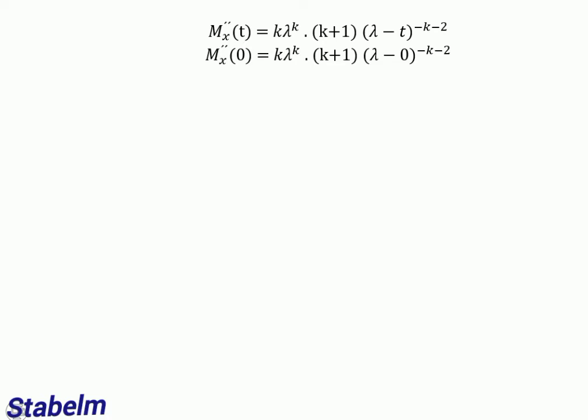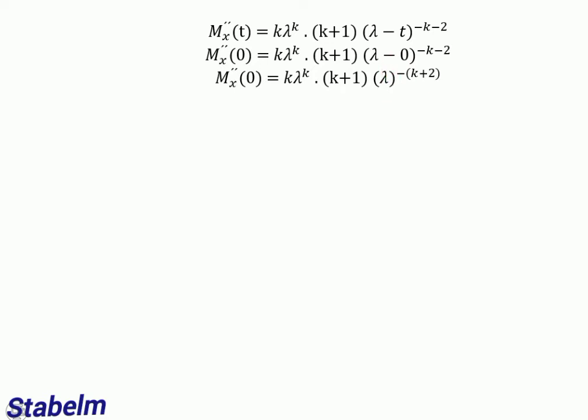Now since we've set our t to be equal to 0, we can factorize the negative here, so that we're going to have minus into bracket k plus 2. So let's do that and see. We have M double prime subscript x of 0 equals k lambda raised to power k multiplied by k plus 1, lambda raised to power minus into bracket k plus 2. So we already factorized this minus. We factorize it out since our t equals 0, so we have nothing to do with 0 here now.